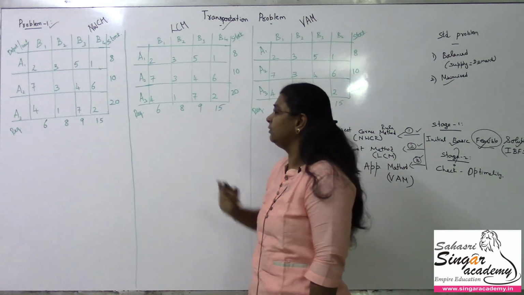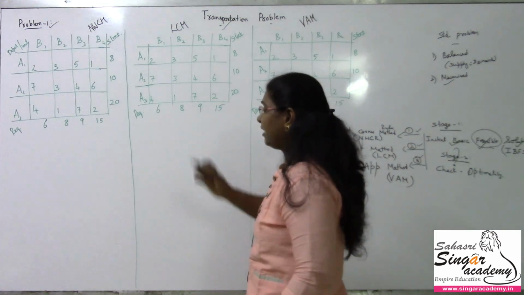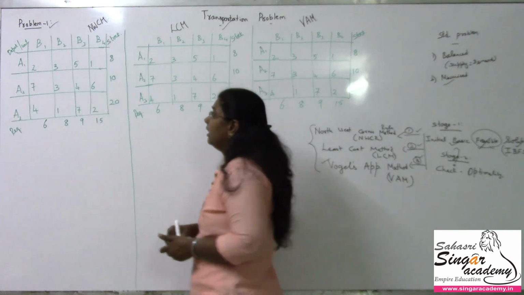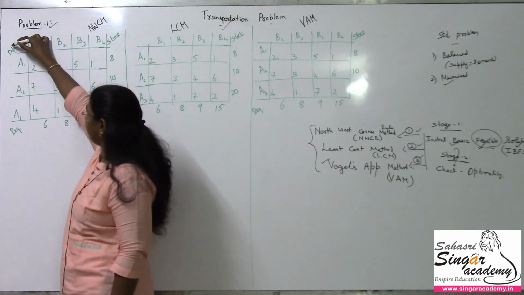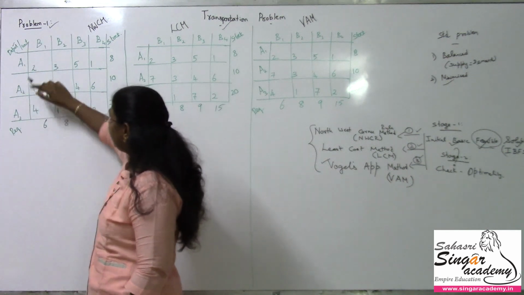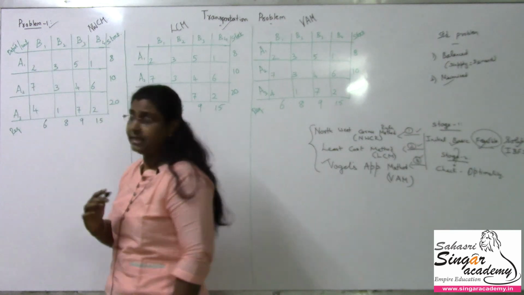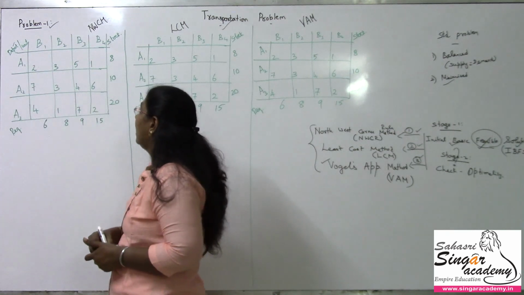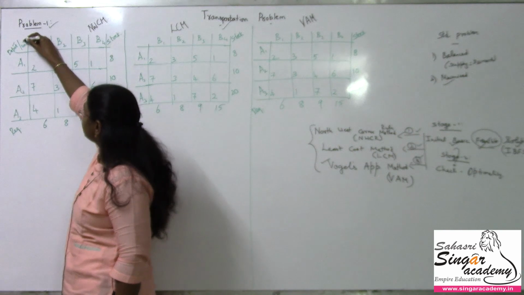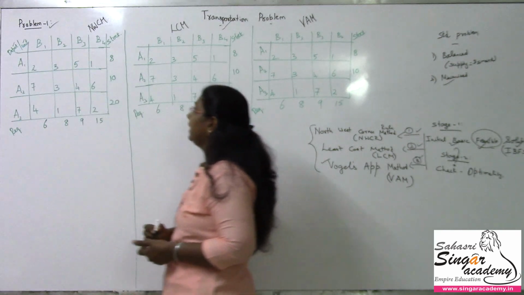This is a basic solution. To understand this question, I have three depots here, A1, A2 and A3, and four units, B1, B2, B3 and B4.